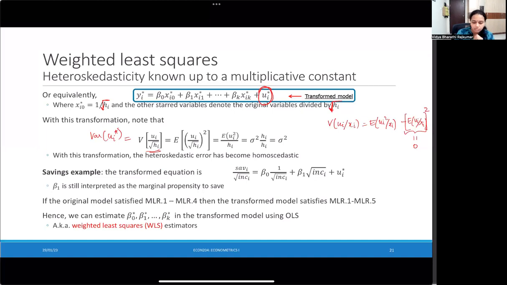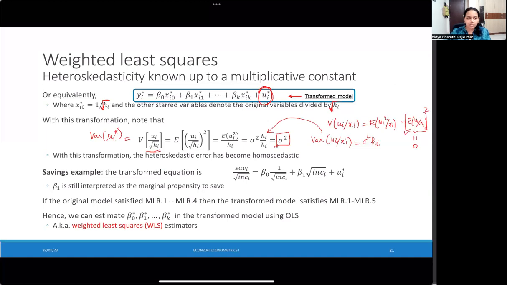And we know that expectation of ui square is nothing but sigma square times hi, because we have assumed that variance of ui given xi is sigma square times hi. We know this functional form, and that's what you're seeing here. So sigma square times hi divided by hi boils down to a constant.